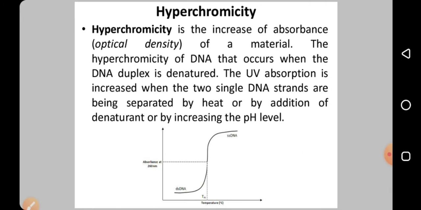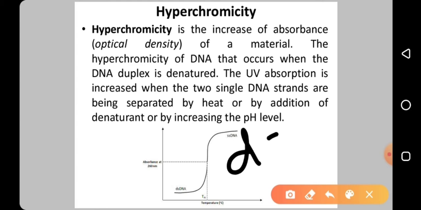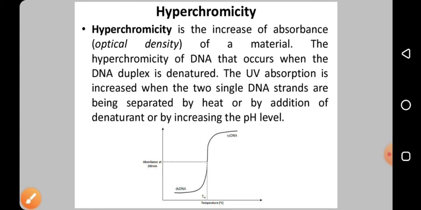There is another concept which will come in the DNA, that is called hyperchromicity. What is the meaning of hyperchromicity? You know that the DNA is always found in a double stranded structure. If you convert this double stranded DNA into single stranded DNA, then the absorption of UV light will increase.